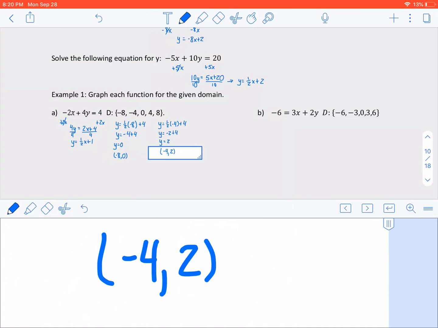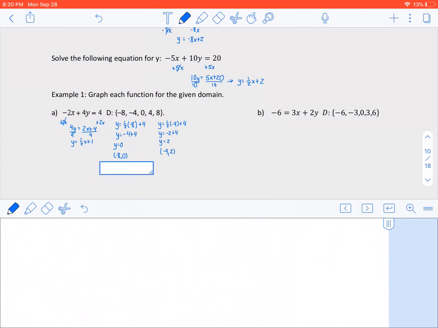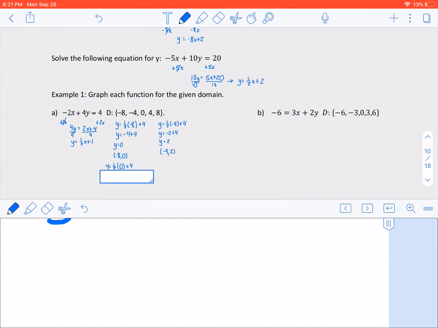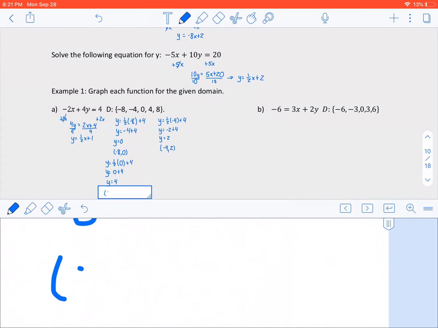So that's my other ordered pair. Do that again. Y equals 1/2 times 0 plus 4. Y equals 0 plus 4. Y equals 4. So my ordered pair is 0, 4.